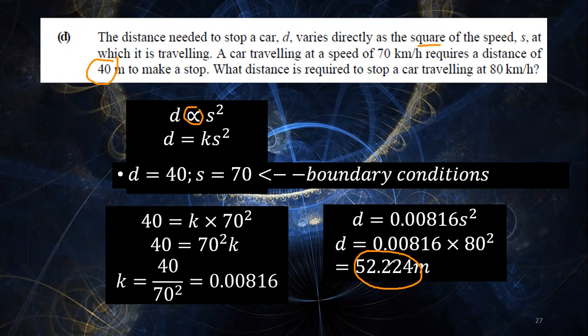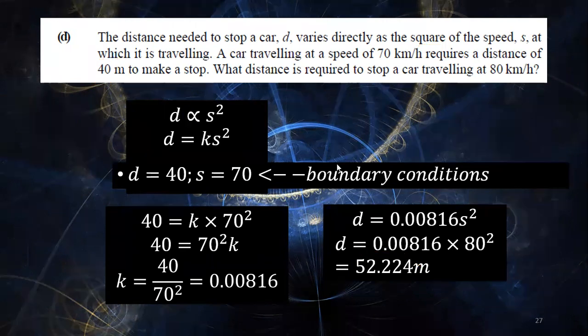All right, any questions there? And this answer is also reasonable. It's reasonable that for 80 kilometers per hour, the stopping distance increased, but not by too much, not by too little.